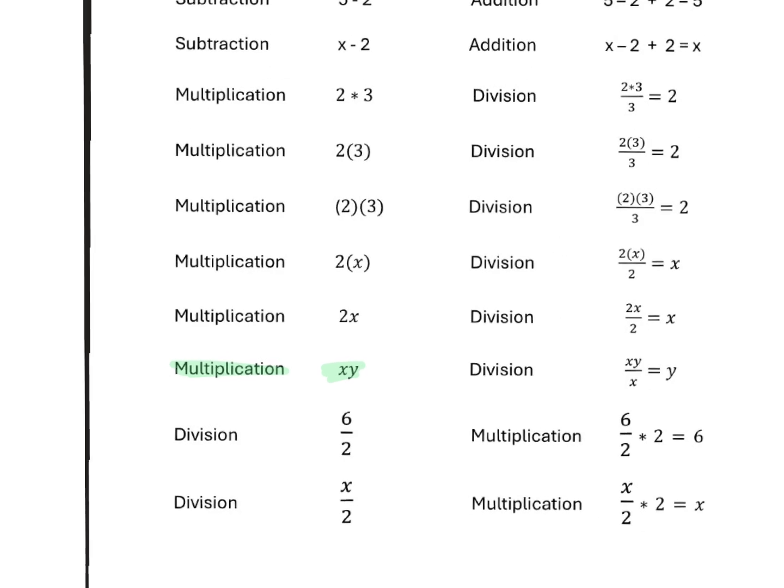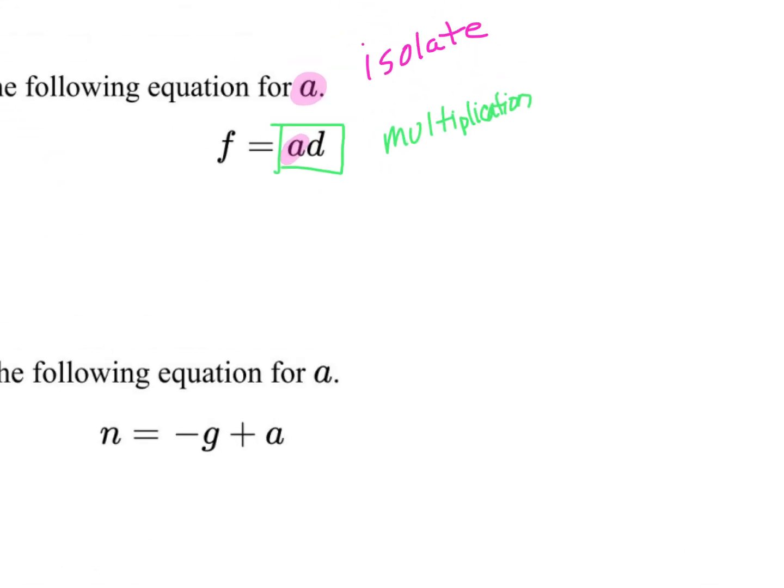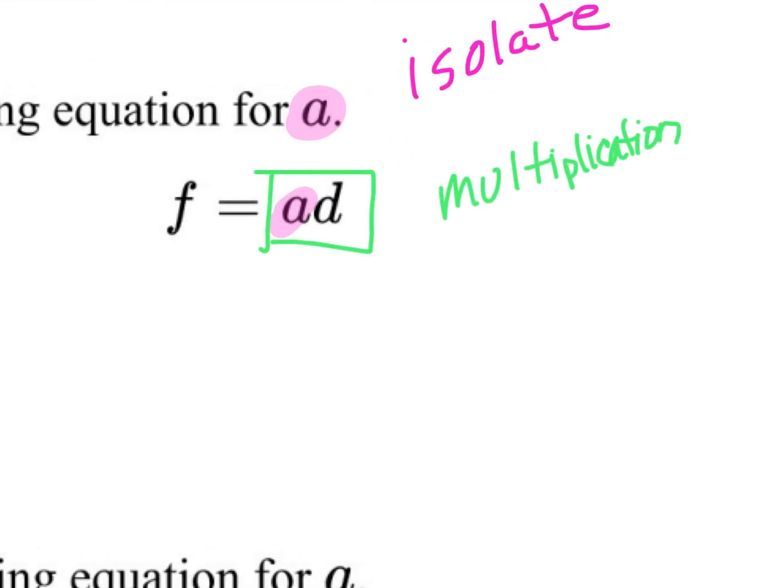This reference sheet also tells you the operations and how we might list them, and the inverse or opposite of all of them. So what is the inverse for multiplication? Division, exactly.